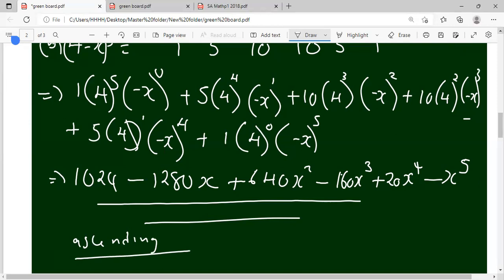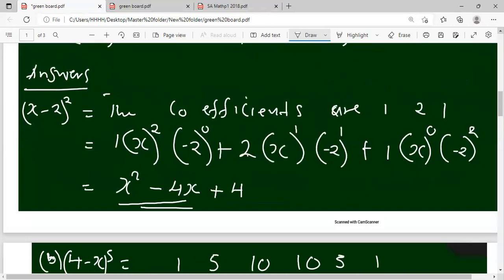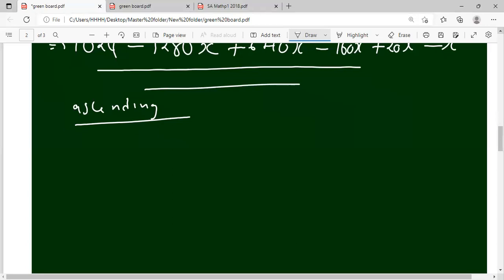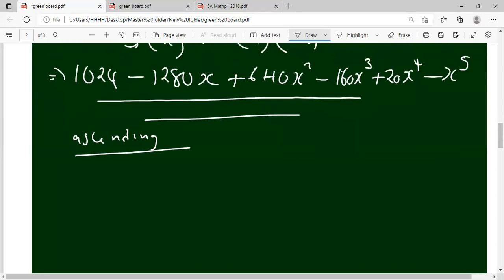But the powers of x in the first example were descending, meaning that if you start with a variable, the powers will be descending. If you end with a variable, the powers will be ascending.